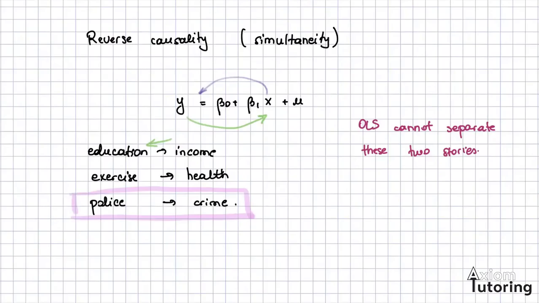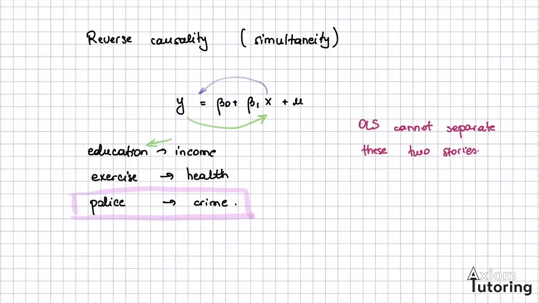In here, the example is very clear. You've got police and crime, where the naive conclusion would be that police is causing crime, because the more police you have deployed, the crime should deter. However, there is also the other side of it.